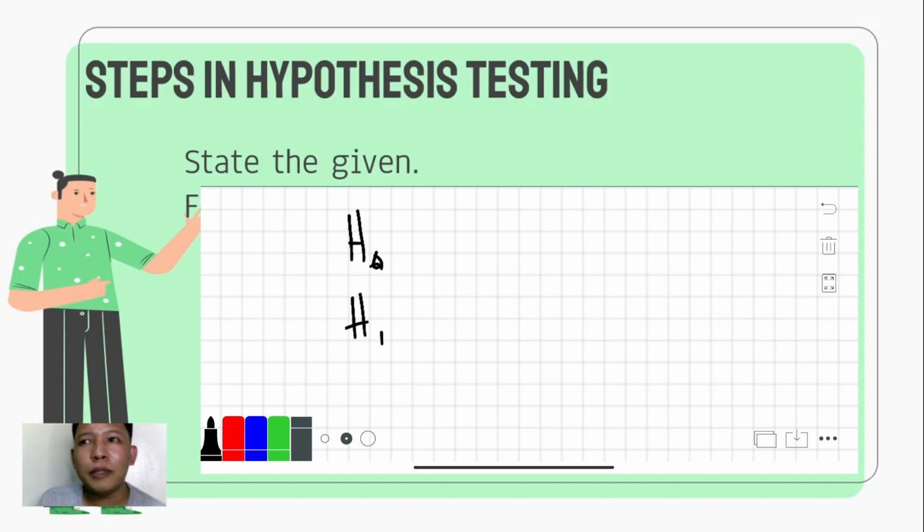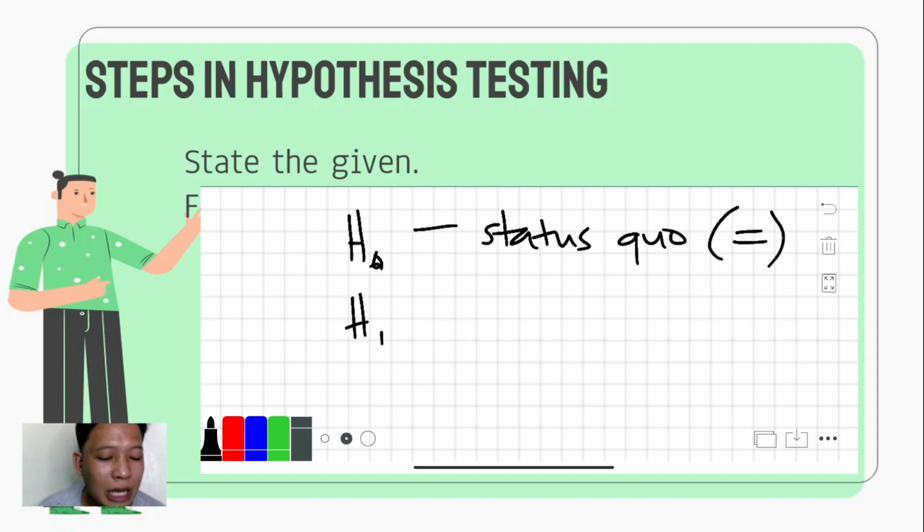When we say null hypothesis, ito yung tinatawag natin na status quo, or parang walang nangyayari. No changes at all. So, ibig sabihin, if we're going to symbolize our hypothesis, makikita po natin doon yung equality. Okay? But there are instances na merong kapag symbolize natin yung hypothesis natin, merong less than or equal to, tsaka greater than or equal to.